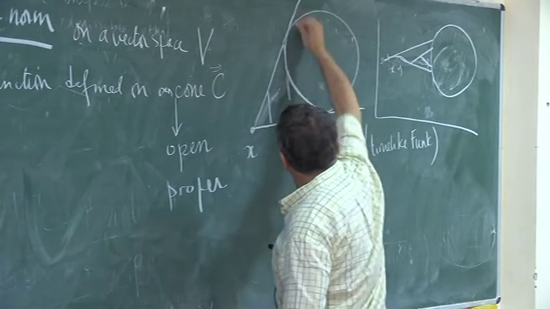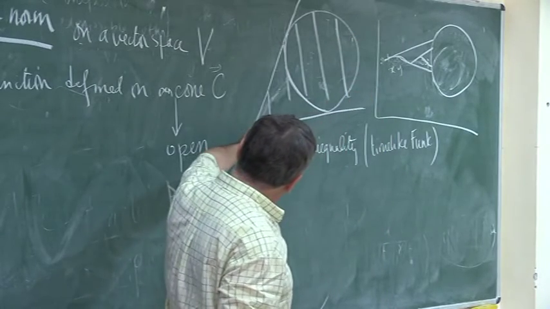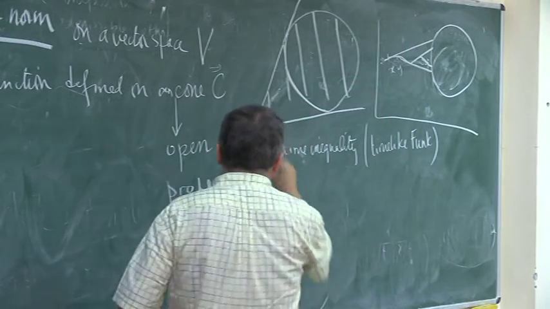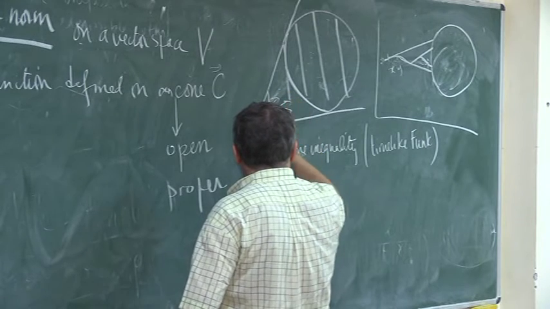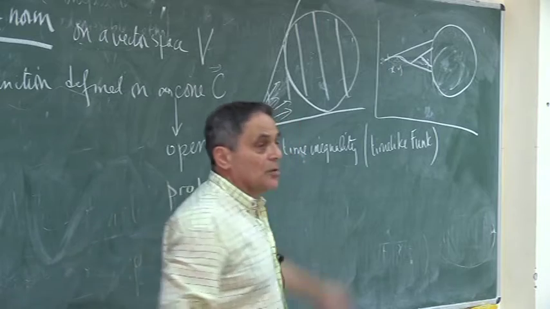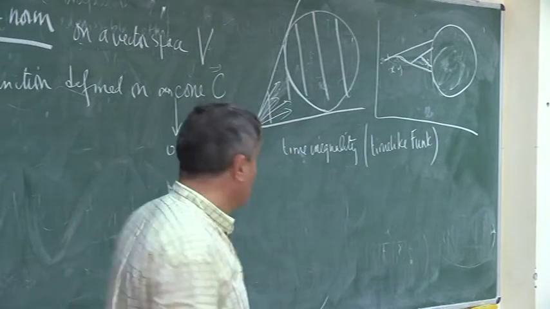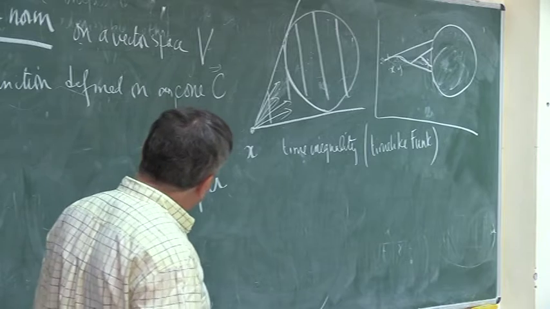This is my cone, and I want to be able to measure the length of the vectors that are only in this cone. Okay? So I have a function defined on an open and proper cone.